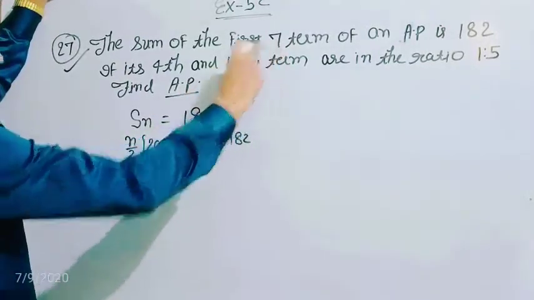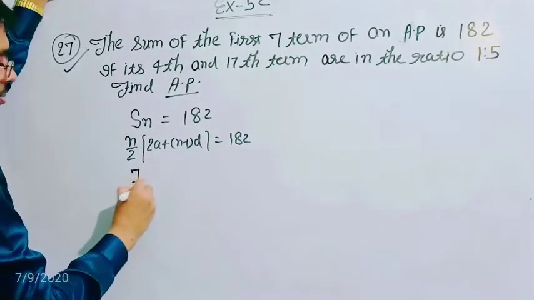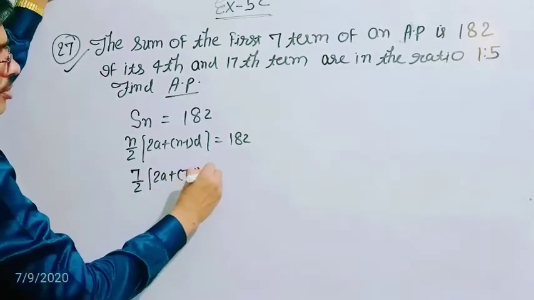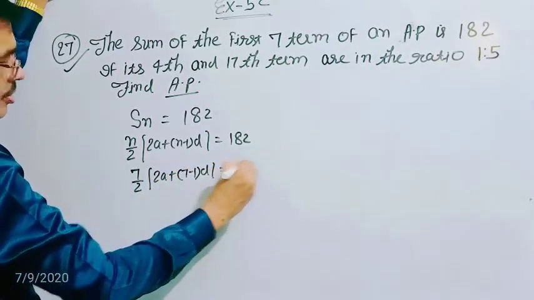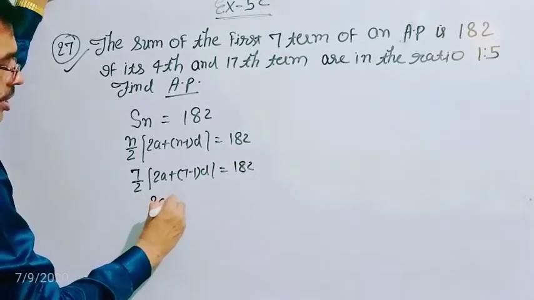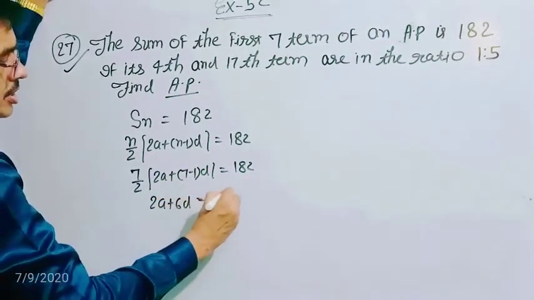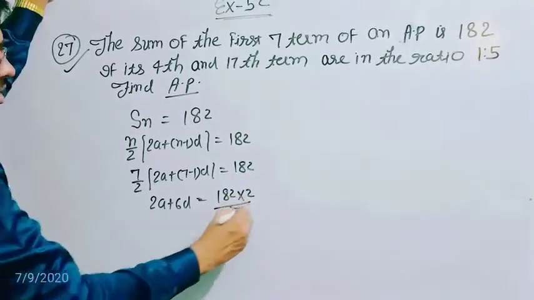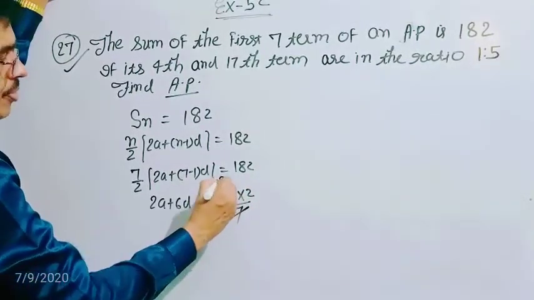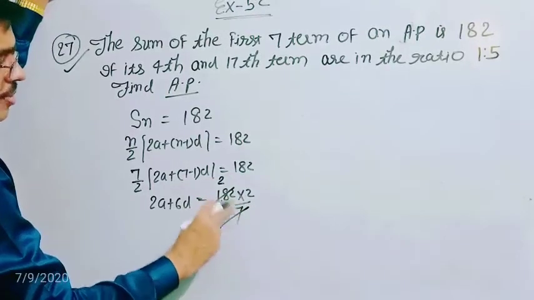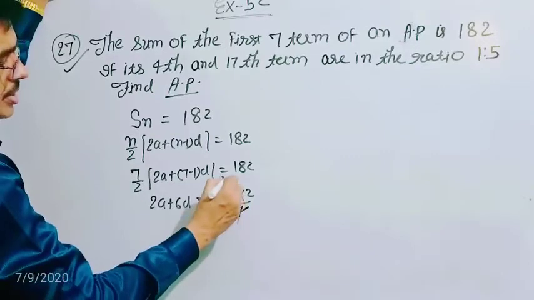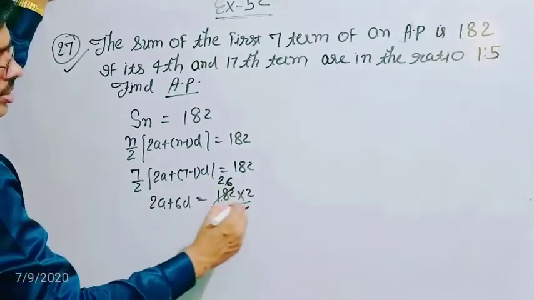What is the number of terms? That is 7. So we write 7 by 2, 2a plus (7 minus 1) into d is equal to 182. So 2a plus 6d is equal to 182 into 2 by 7. This 7 cancels, 7 twos are 14, 7 twos are 14 and 4 twos, then 7 sixes are 42.